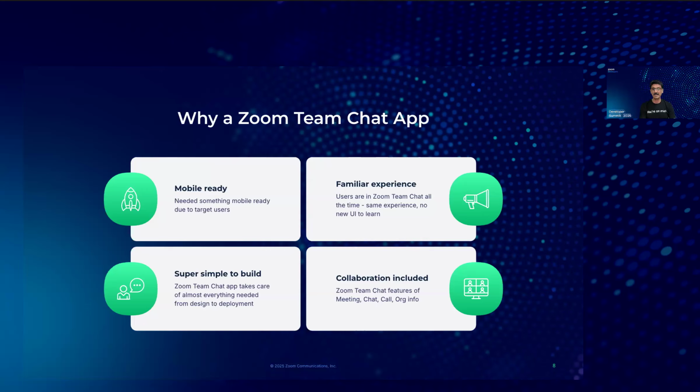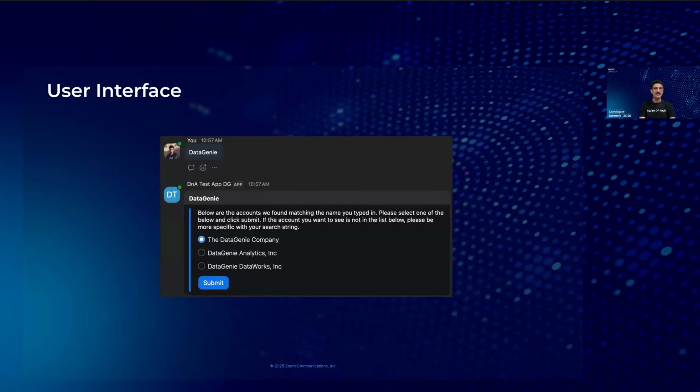Added bonus, you also get some of the features right out of Zoom chat. Like you can initiate a meeting from there. You can start a chat from there. You can get the organization information, all of that. So it was pretty much a no-brainer once we looked at it and said, where do we build? This is the platform that our sellers love, and this is super easy to build. So let's put it on it.